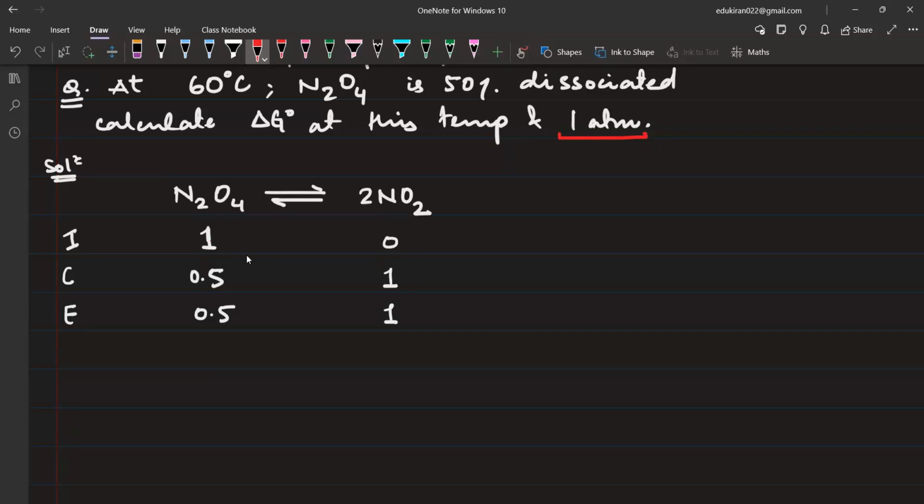If they did not give atm, then we would calculate using moles, that's another thing, but they have also given you 1 atm. So that pressure is only because of N2O4 that we are having, and when it dissociated then we have this whole situation. Make sense?